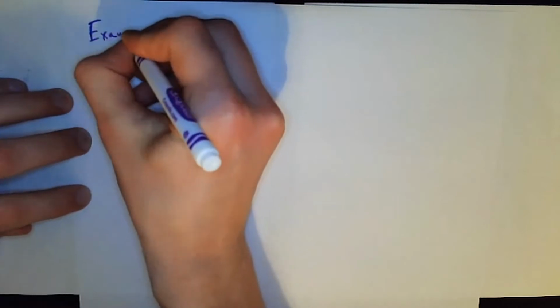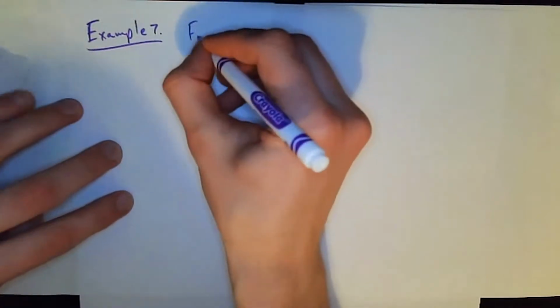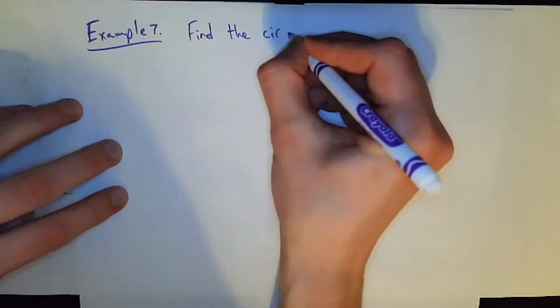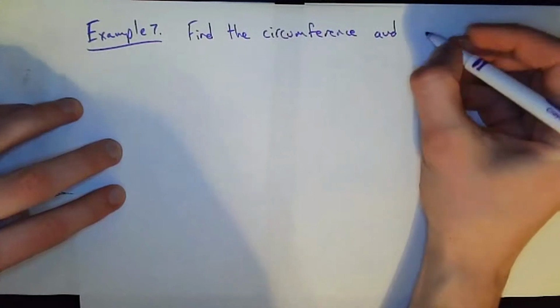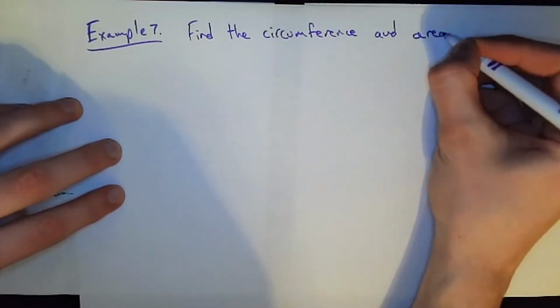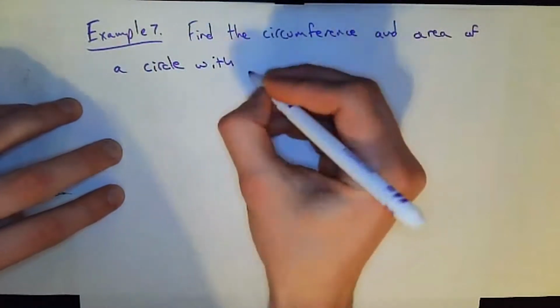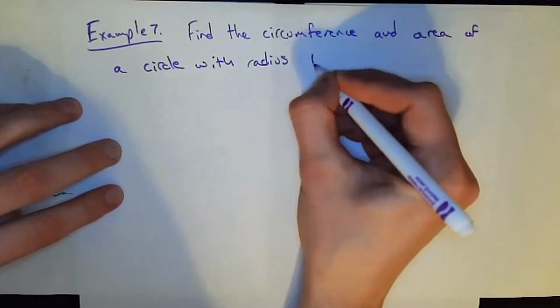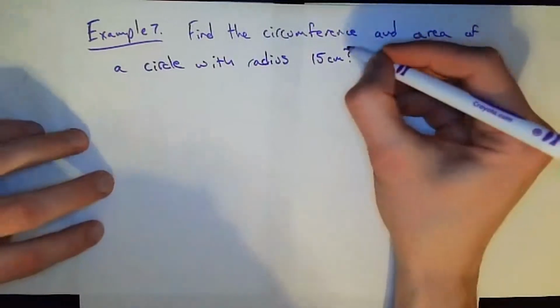Example 7. Find the circumference and area of a circle with radius 15 centimeters.